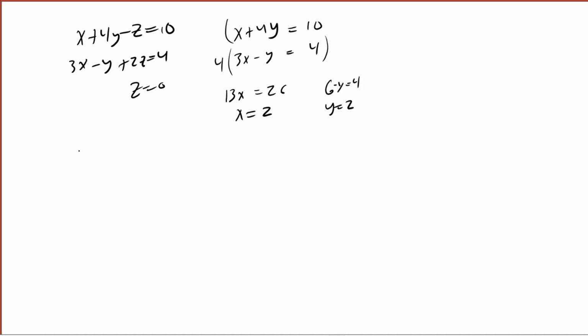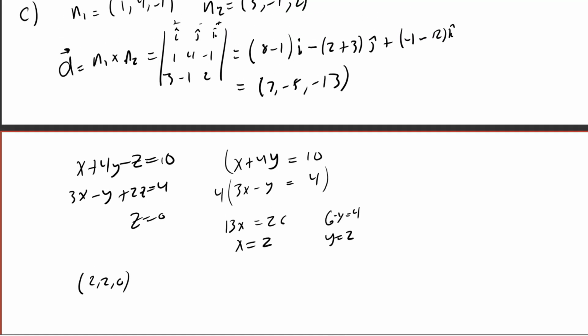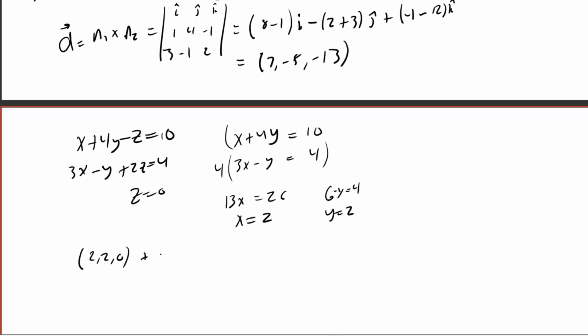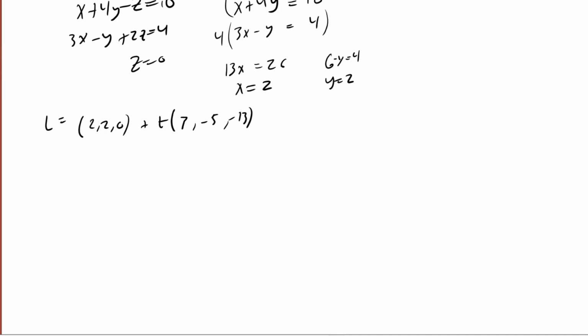So we know that the point on the line is (2, 2, 0). And then we had our direction vector right here, plus t times (7, -5, -13). And that's our line. It said it wants it in symmetric form, so I can go ahead and write this straight in symmetric form.